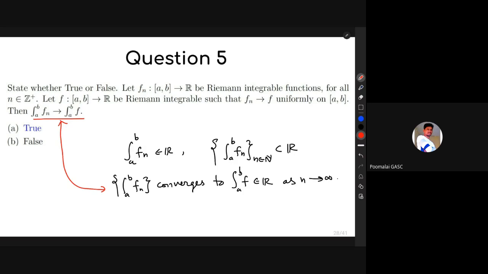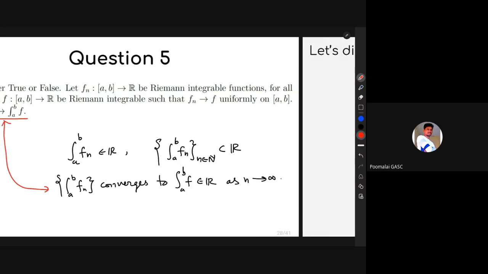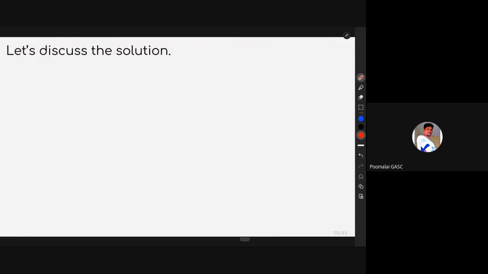So we start with, now let's see what is given to us. We are given these things: each f_n is a Riemann integrable function on [a, b]. Further, f is also a Riemann integrable function on [a, b].